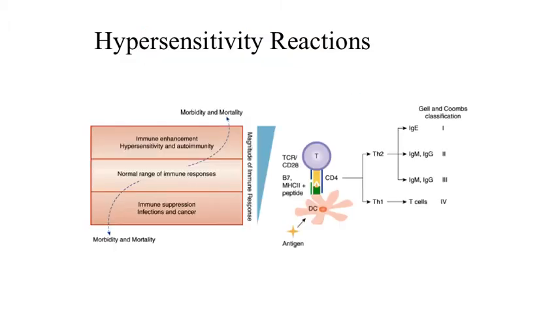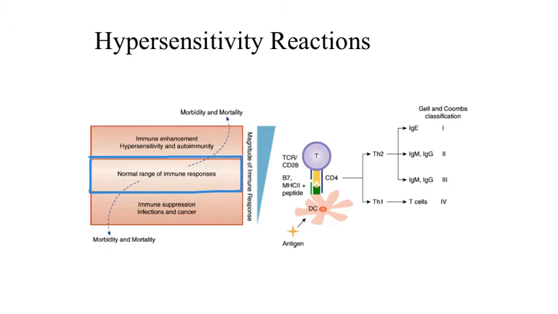Before I start talking about lupus specifically, it's worth reviewing hypersensitivity reactions in general as they relate to autoimmune conditions. Our immune system is an integral part of our health and function, and as long as immune responses are maintained within a normal range, we will typically stay healthy and free from disease.